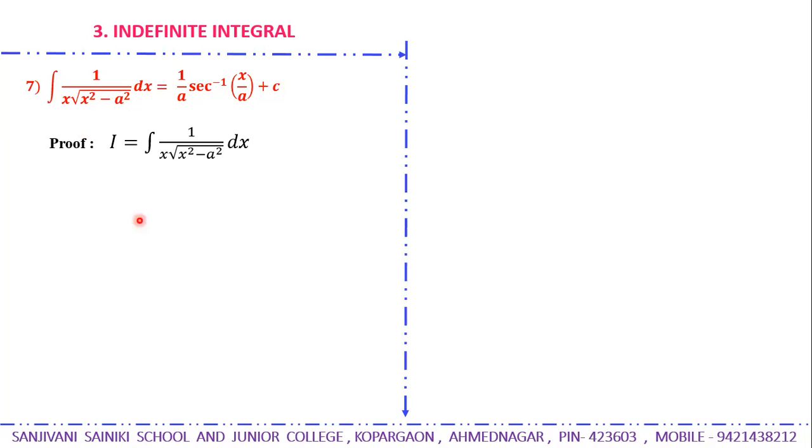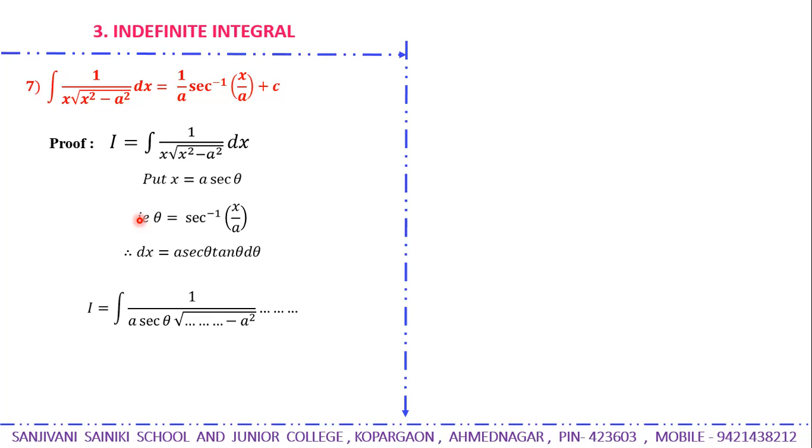The next one is integration of 1 upon x root x square minus a square dx is equal to 1 upon a sec inverse of x by a plus c. So in this we will substitute x is equal to a sec theta. So dx will be a sec theta tan theta d theta. Put those values in the integration.